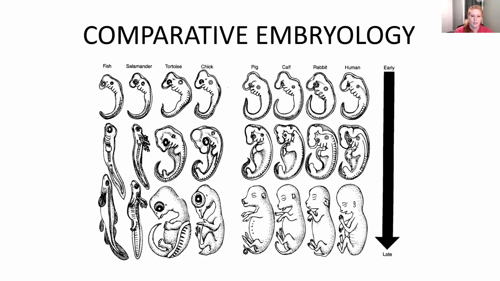Finally, in the latest stage shown here, you can tell what's going to be human and what isn't. But when it comes to embryology, a lot of these species are so similar that it takes specialists in the field to be able to identify what they're looking at early on. So the point with comparative embryology is if all organisms didn't come from a common ancestor far, far back, then how come we have these similarities? Okay.